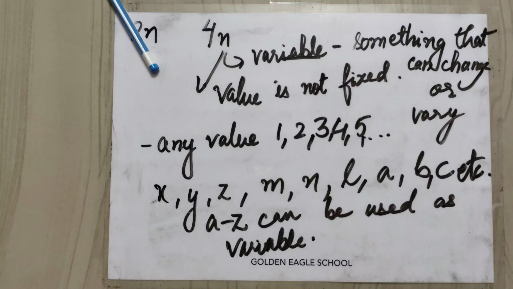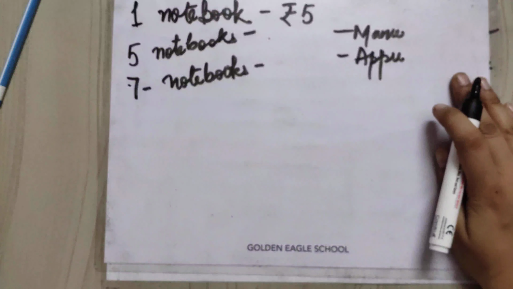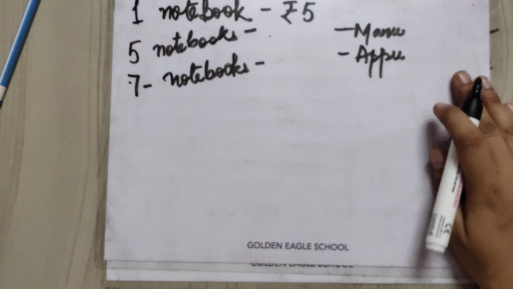Manu wants to buy 5 notebooks, and Appu wants to buy 7 notebooks. Sara wants to buy 4 notebooks and so on.